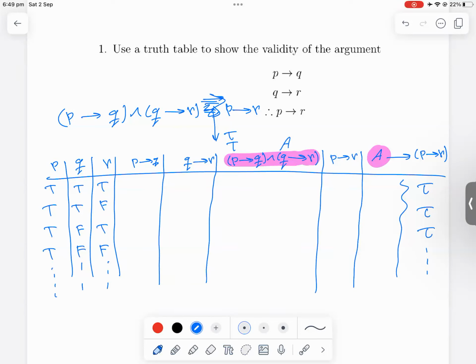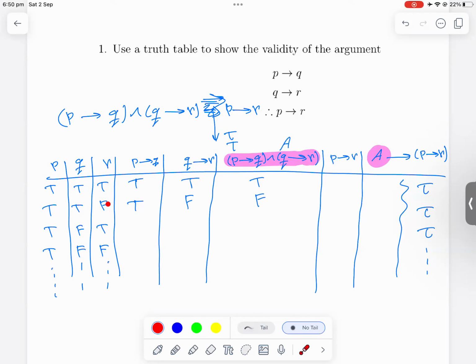P to Q will be T. P to Q for this one is again T. Q to R is T. Q to R using this T, F, will be F. For this one here, P to Q and Q to R is T. So T and F, it should be F. P to R, I will use this one and this one, which is T here.